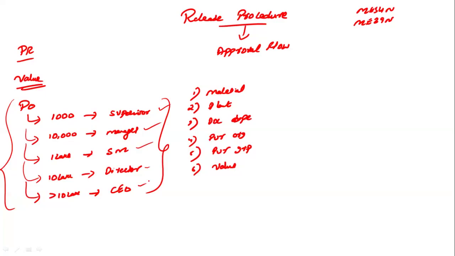So many approvers are needed. If this PR is approved based on the levels and condition, only then the PR will get converted to PO. If not, the PR will still stay in the queue for the approval.